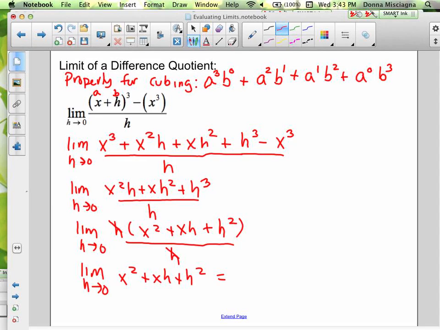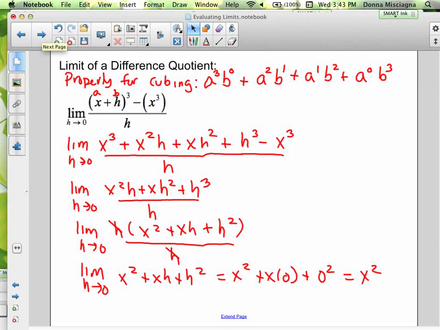So that's going to give us x squared plus x times 0 plus 0 squared. Right? So the only thing that's going to be left is the x squared. Hey, we didn't get a number, we got a function. And in this case, it will be a function. What does this mean? You're going to have to stay tuned for a later lesson, and then you'll find out. Right? But this is how you take the limit of a difference quotient.